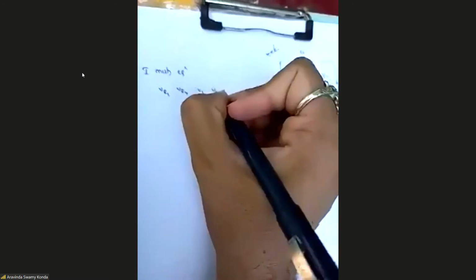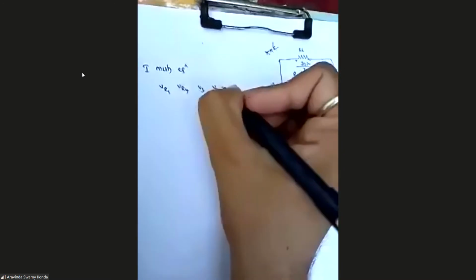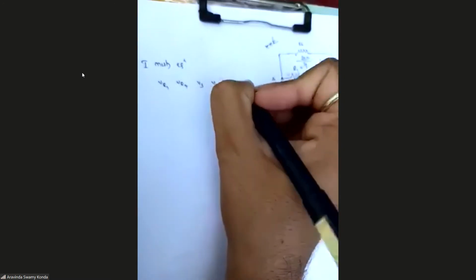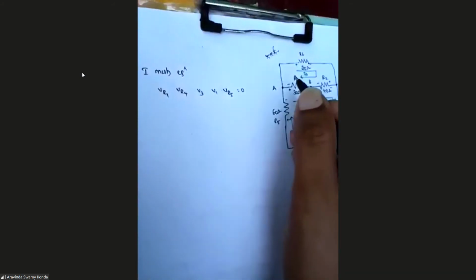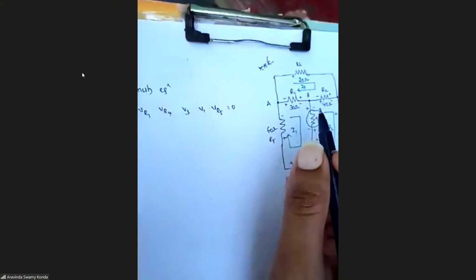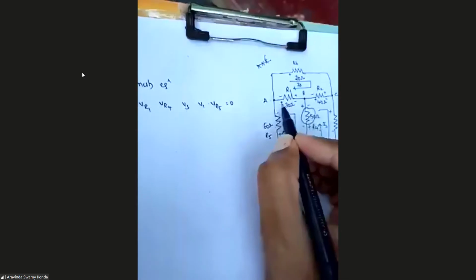So how many elements are there? VR1, next VR4, V3, V1, VR5 equal to 0. So what is VR1? It is coming from plus to minus, so it is a minus sign.